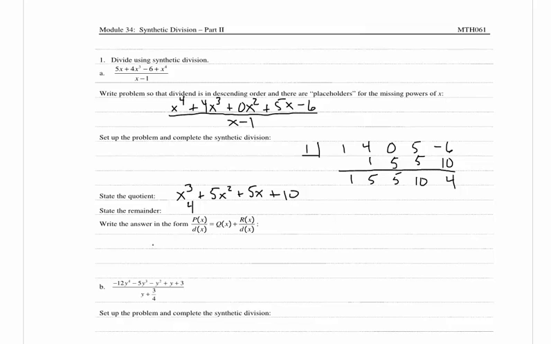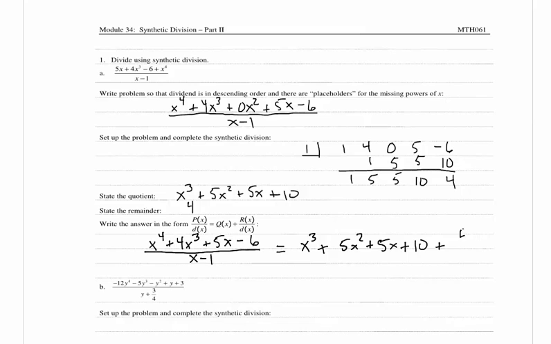So we're going to have x to the fourth plus 4x cubed plus 5x minus 6 over x minus 1 is equal to our quotient, which is x cubed plus 5x squared plus 5x plus 10 plus our remainder, which is 4, over our divisor, which was x minus 1.